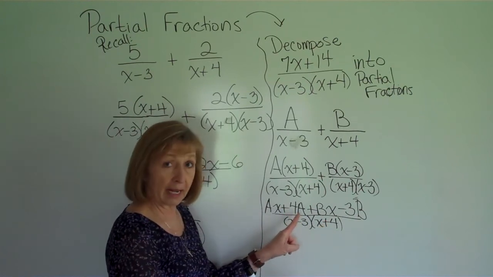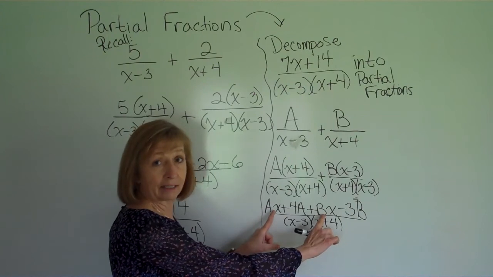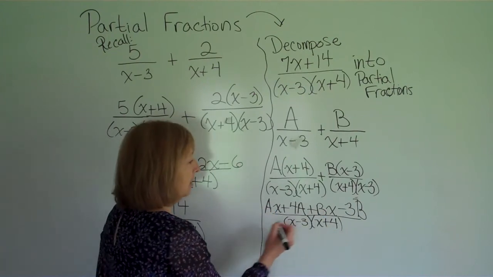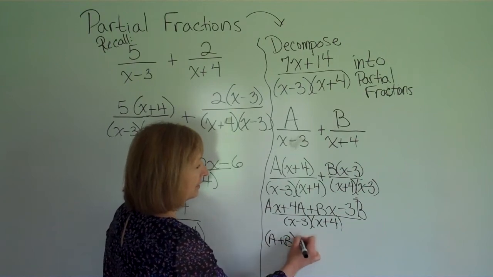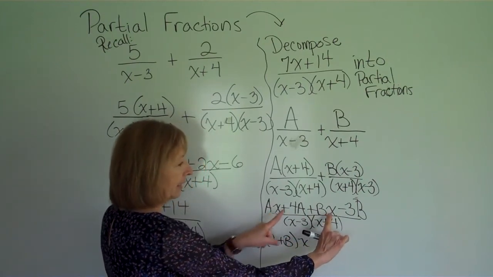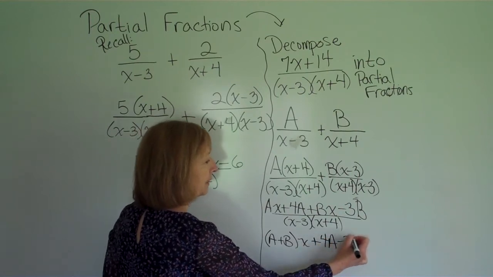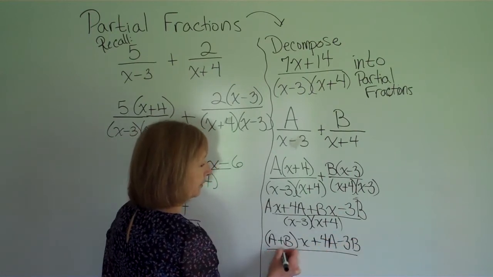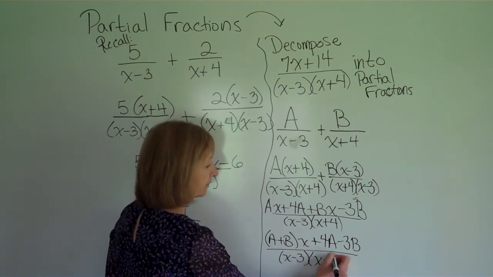And then plus 4a, and then minus 3b. And then the terms that have the x, I'm going to factor the x out the back. So we are going to have a plus b times x, and then plus 4a minus 3b. And that's all over x minus 3 times x plus 4.